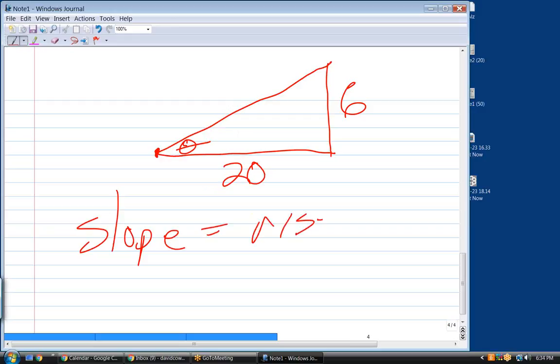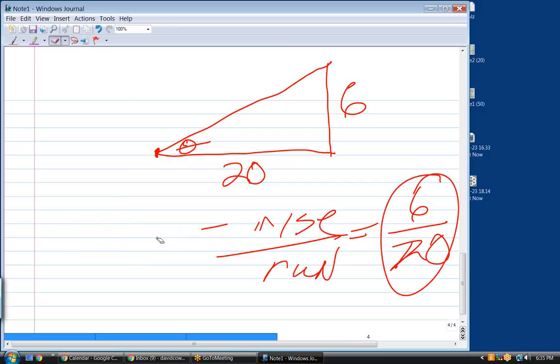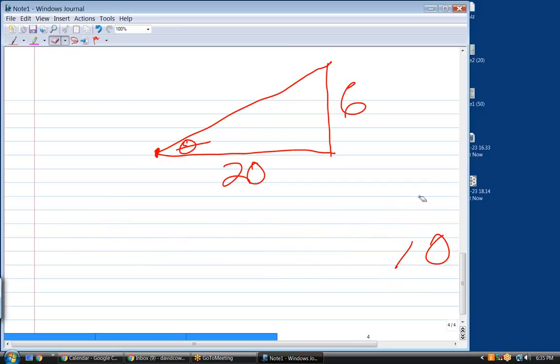So what's the rise and what's the run? 6 over 20. Exactly. So the gradient would be 6 over 20 or 3/10. I still don't know why they put a special key on your calculator for that. I've never come across a need to use that key.